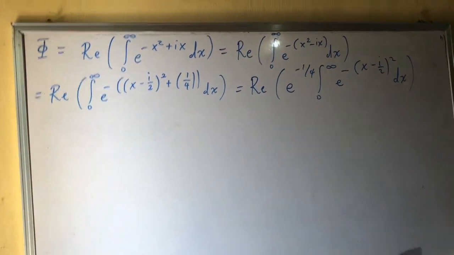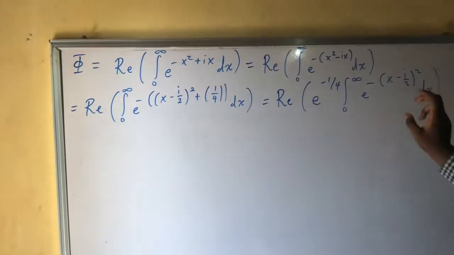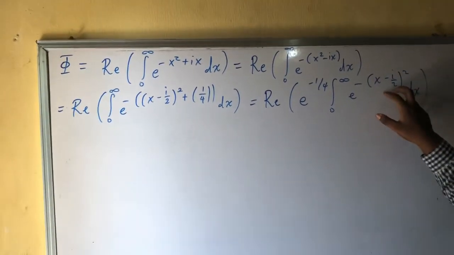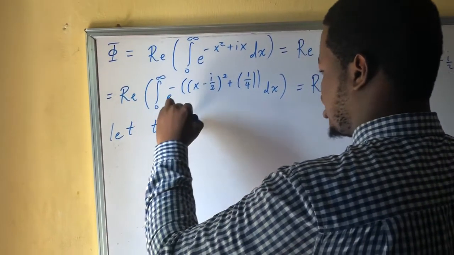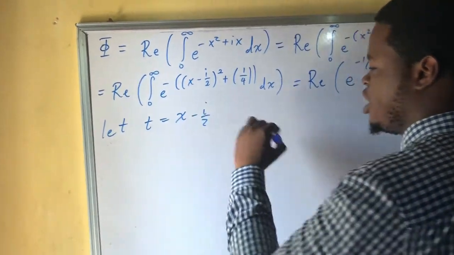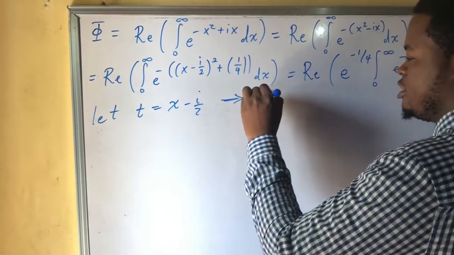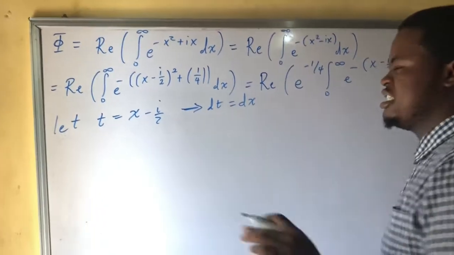The next thing is just simply let t, or one other variable, equal this. If I let t equal x minus i over 2, this implies dt equals dx. As simple as that.